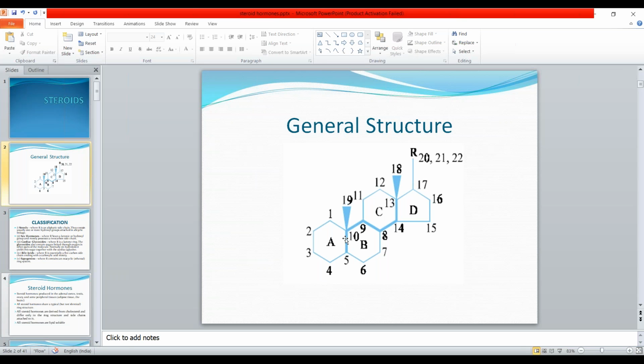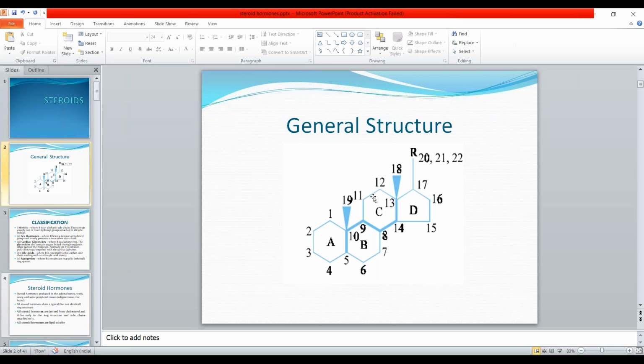Here, this ABC ring forms the phenanthrene nucleus, and they are all cyclic rings, so they are called hydrogenated 17H cyclopentaphenanthrene nucleus.